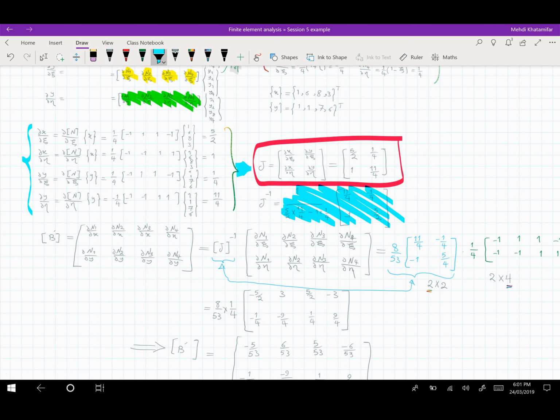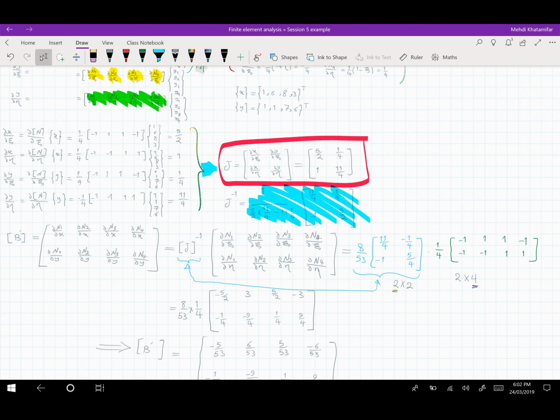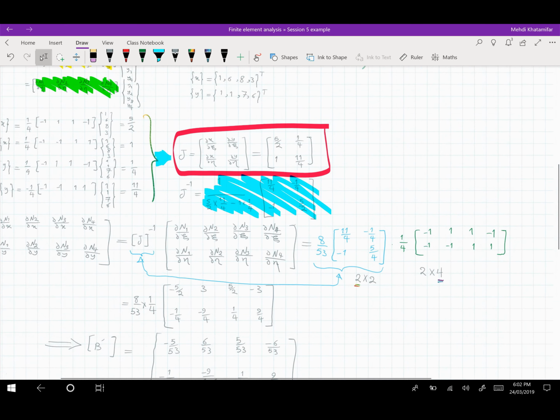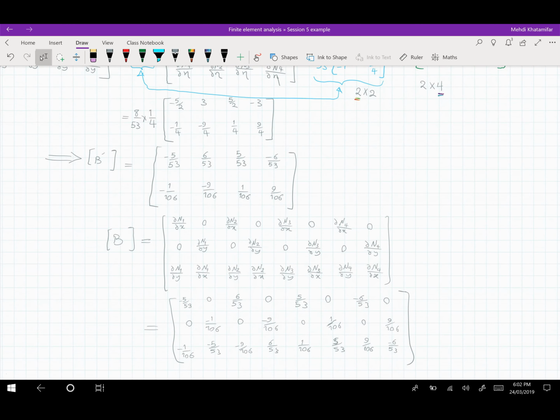We already know how to find the Jacobian matrix using the previous two methods, and we multiplied the inverse Jacobian by the derivative of shape functions over local coordinates. We found those two matrices, multiplied them to each other, and we found the compact strain displacement matrix.